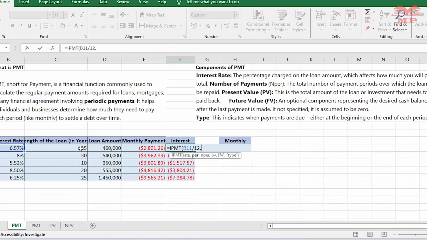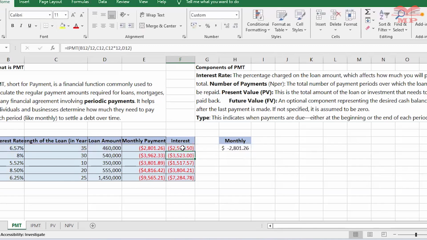Like in this case, it would be period 1, period 2, and so forth. If the period was period 1, meaning the first payment, then the number of payments here would be 35 times 12, then the present value would be this.